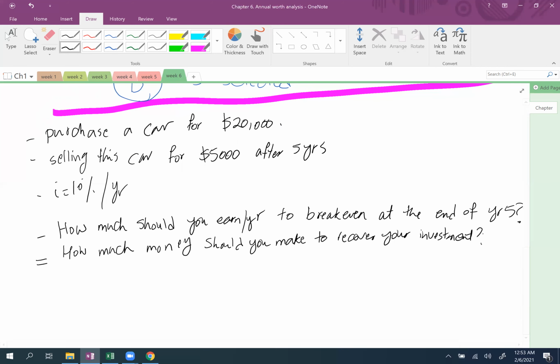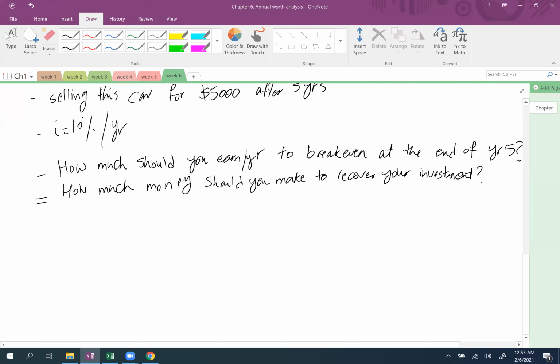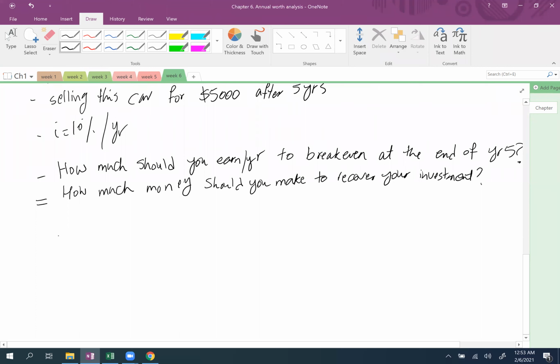Okay. So let's draw the cash flow diagram for this example. You have paid $20,000 at time equal to 0. I will just drop 3 zeros to make life easier.